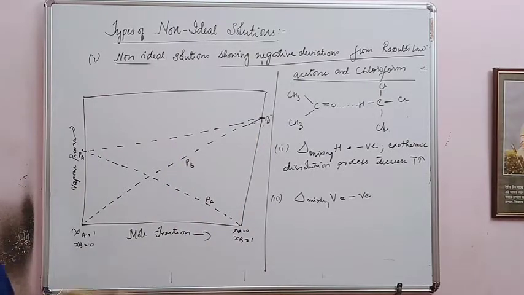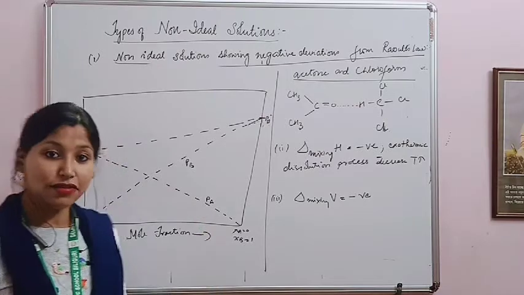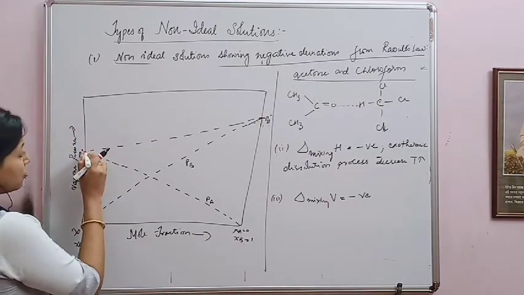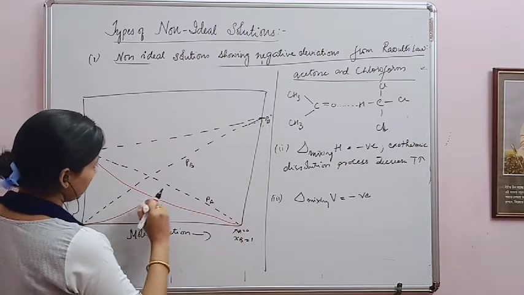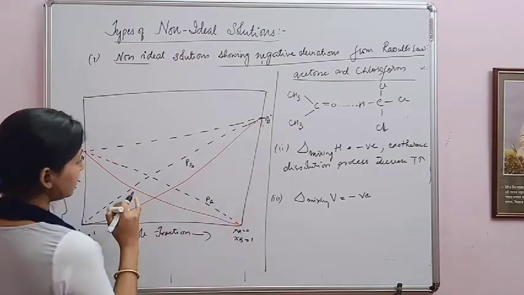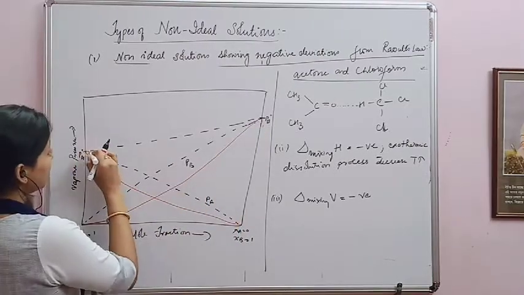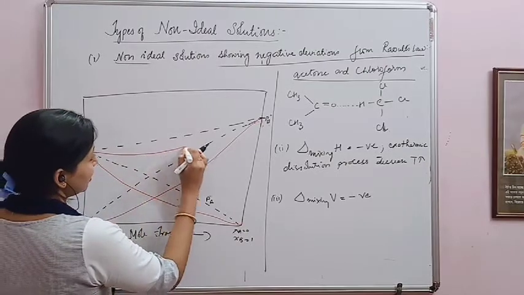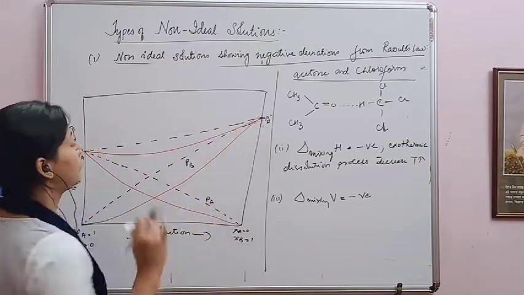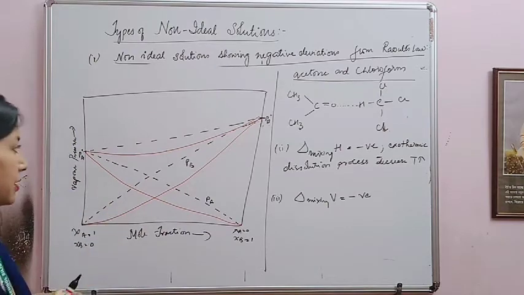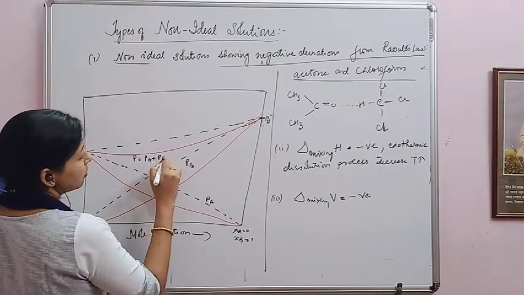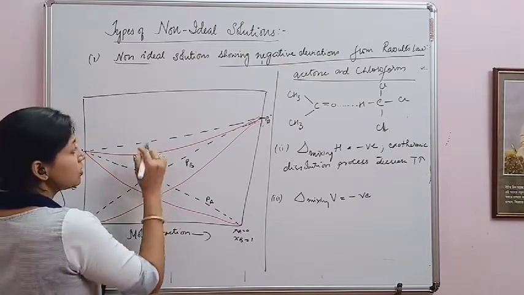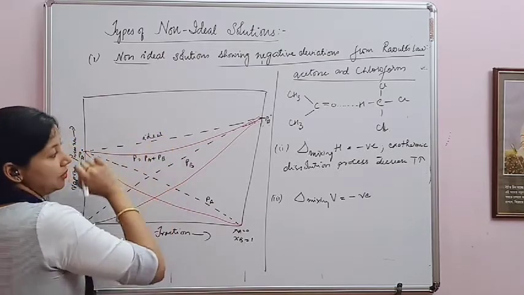Now, since there is a decrease in vapor pressure, I will show that like this. That means the partial pressure of A has decreased, the partial pressure of B has decreased. As a result, the total vapor pressure of the solution will also decrease. So this is our P equals PA plus PB, the vapor pressure of the solution, and this is for the ideal.